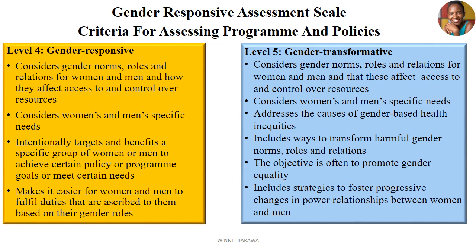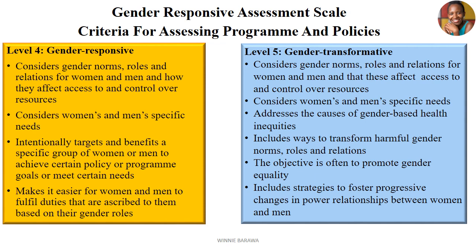So this criteria for assessing policies has levels, all the way from level 1 to level 5. And you can see how it moves from being gender unequal, upwards to becoming gender responsive, all the way to attaining the highest level of gender transformative.